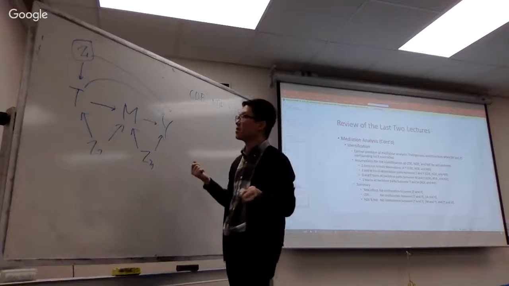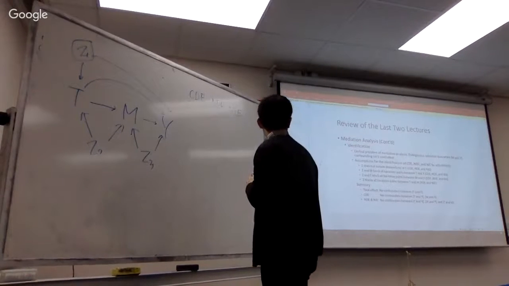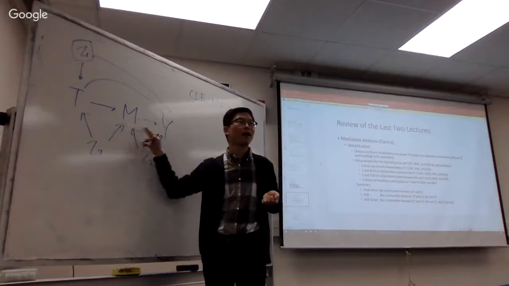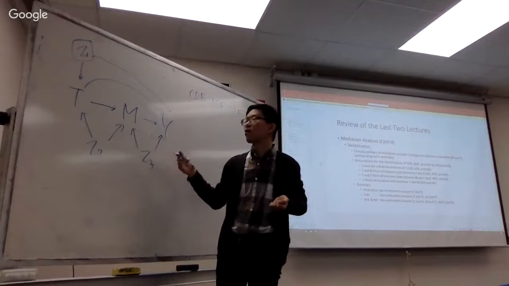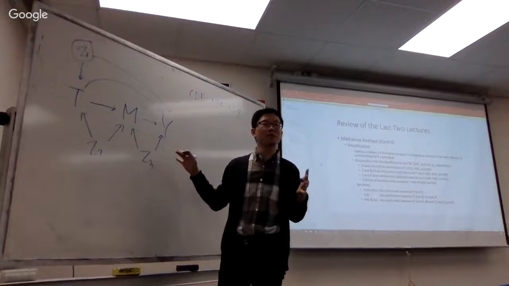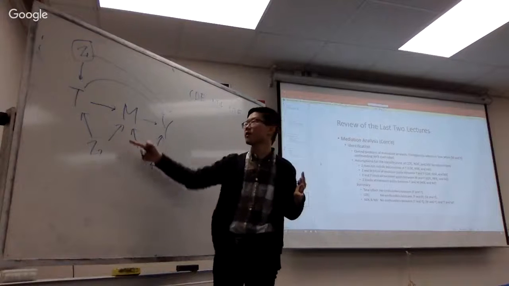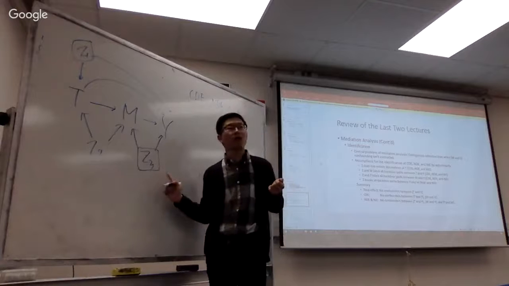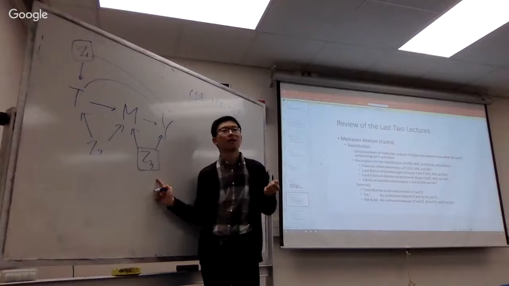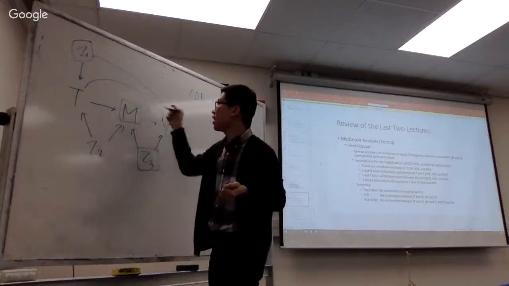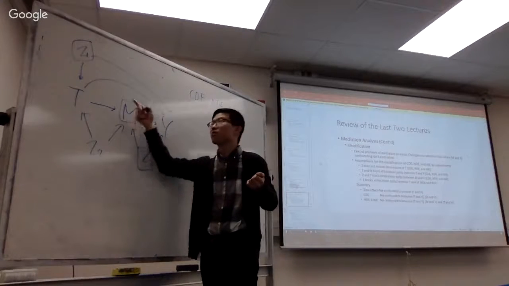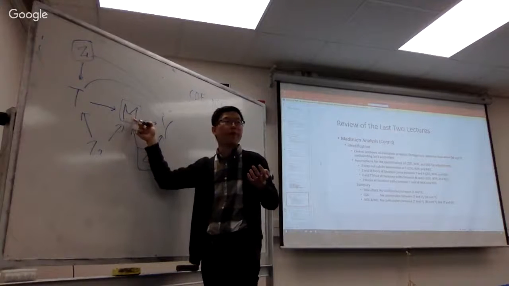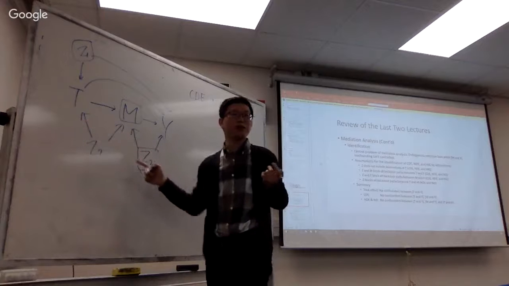And Z and T block all backdoor paths between M and Y. So there can be no spurious relationship that might affect Y. You should control for Z3, because to identify the direct effect and you control for M, then there should be a spurious relationship, right?